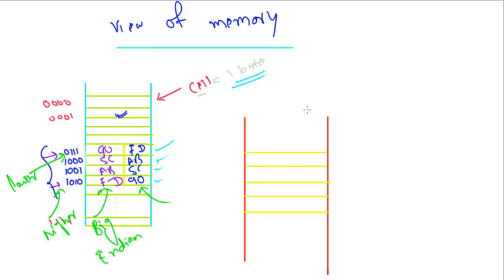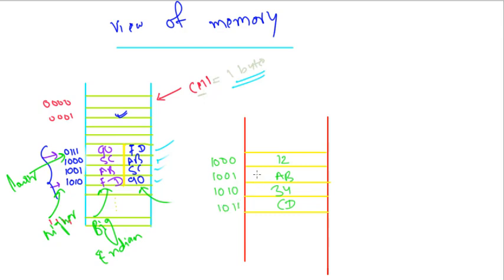Now let me ask a reverse question. You are already given some data that is stored in memory. Let's say 12 is stored at address 1000 and AB is stored at the next address, and similarly CD is stored at 1011.